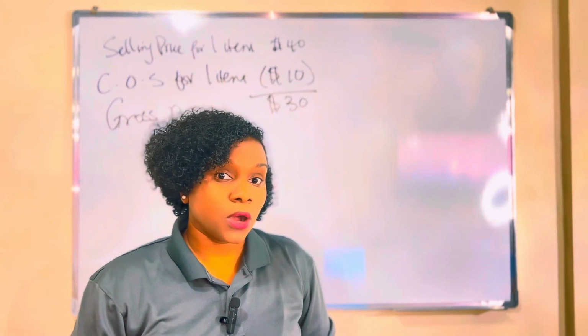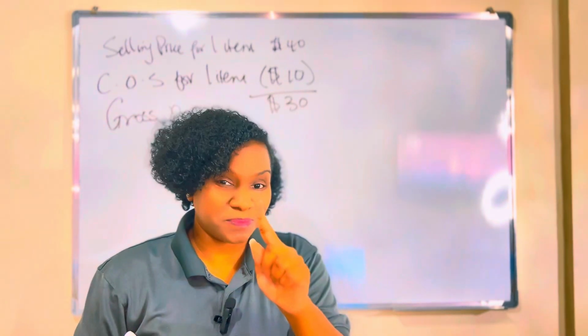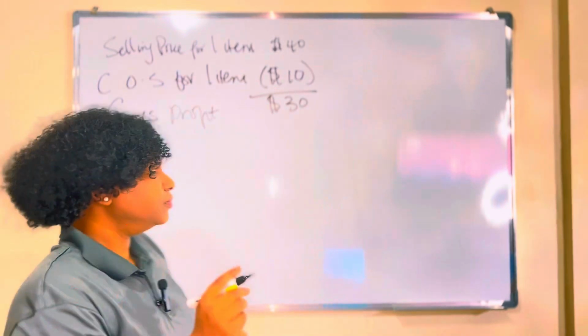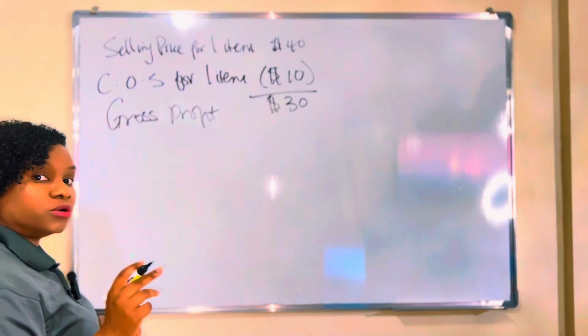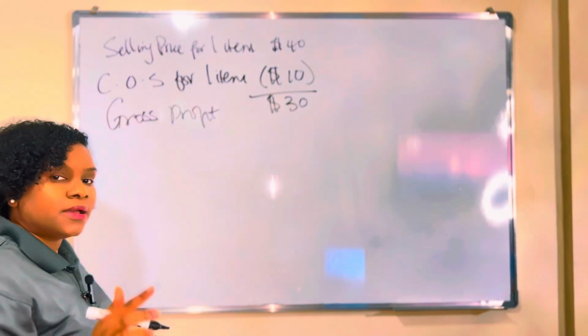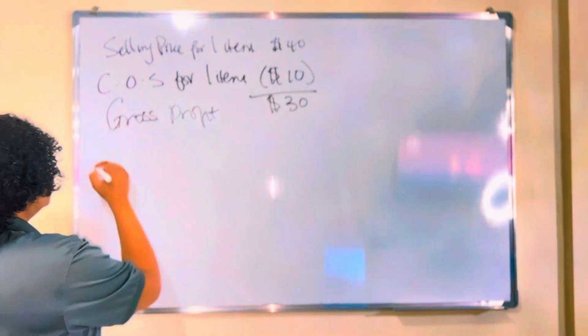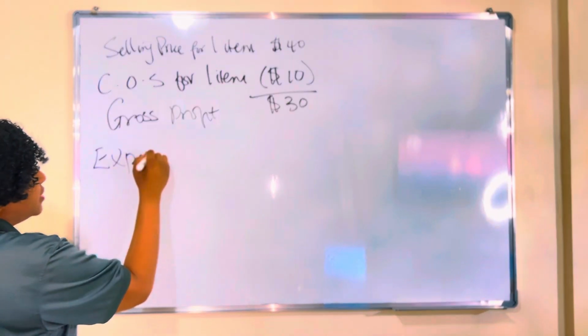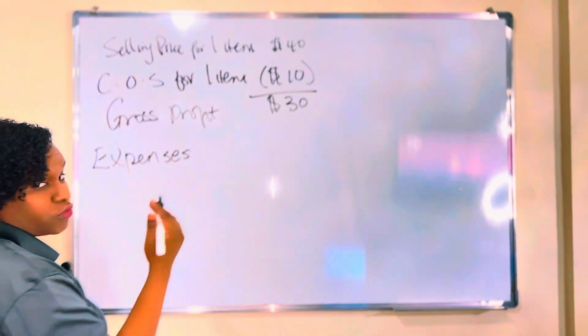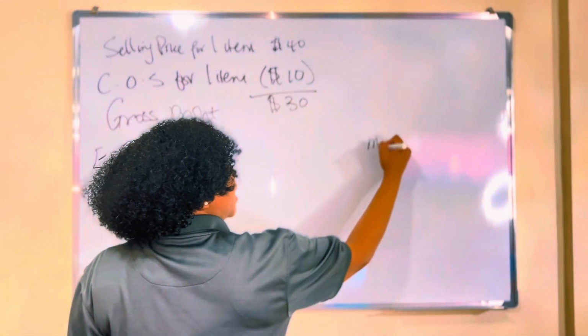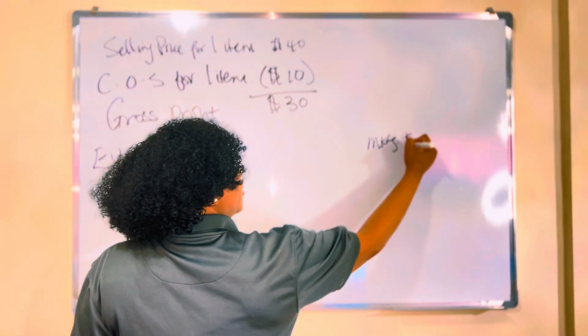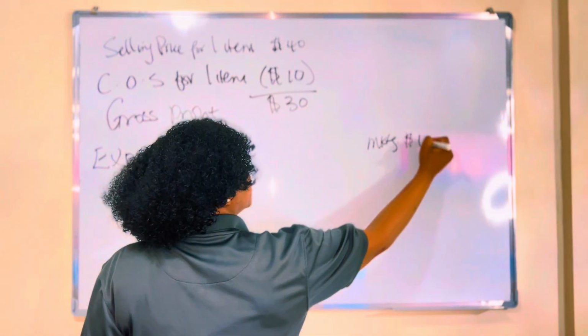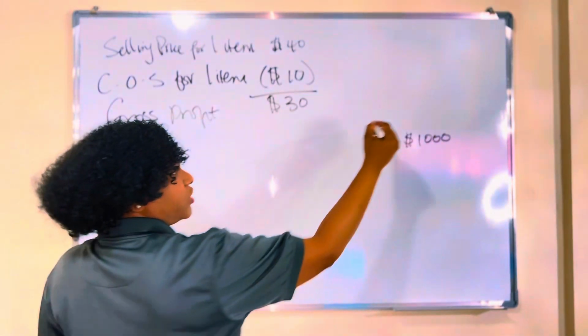Let's now figure out how profitable the business is. So we are going to take into account your expenses per one item. So your expenses overall for the business, let's say you have marketing. Your marketing cost for the month is $1,000 overall.